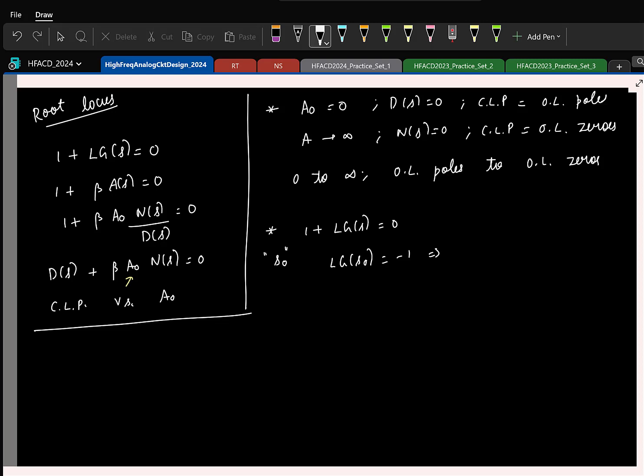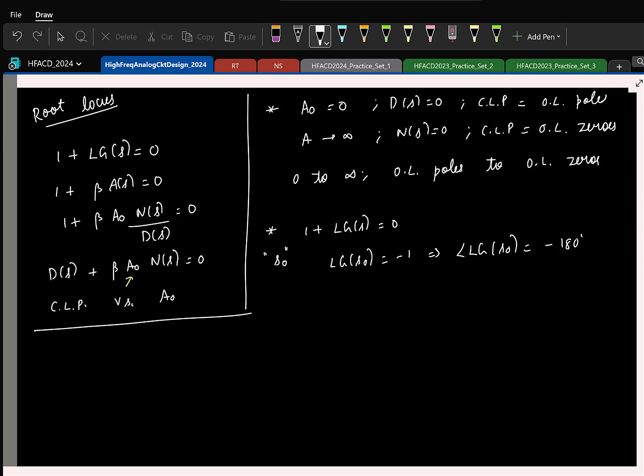Which means what can you say about the phase at that value? Okay, -180 plus 180, it's all one and the same. So this means that wherever the root locus is, if you evaluate the phase at that point, it has to be -180.